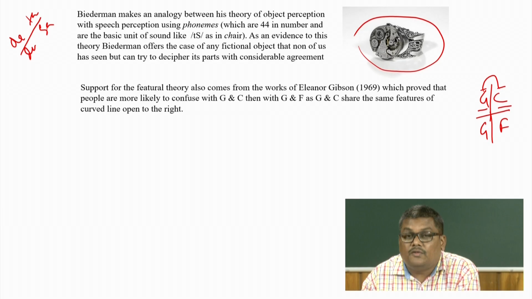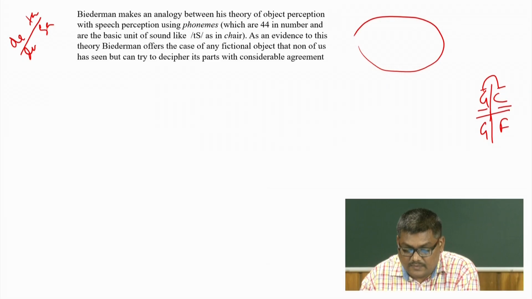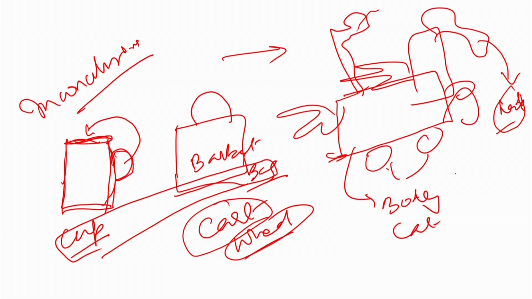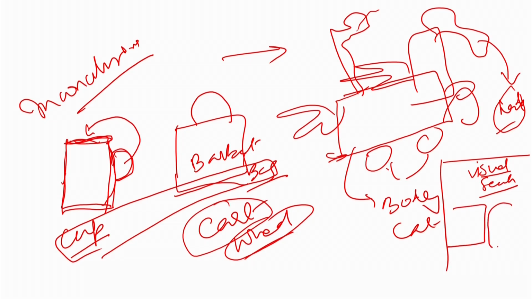Another support for this feature analysis model comes from the work of Neisser, who says that in a visual search task, so what Neisser did was he gave a visual search task to his subjects. The visual search task was easy.